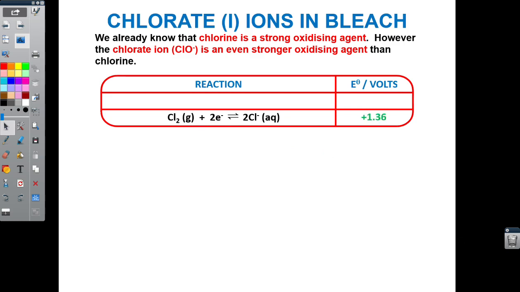That indicates that it's an effective oxidizing agent. However, when we compare it to the chlorate 1 ion, we find that the chlorate 1 ion is even better. Pulling in 2 electrons, now we're up to 1.49 volts. We're not in fluorine territory here, but it is an effective oxidizing agent, a better oxidizing agent than chlorine is. It's better at pulling in those 2 electrons.